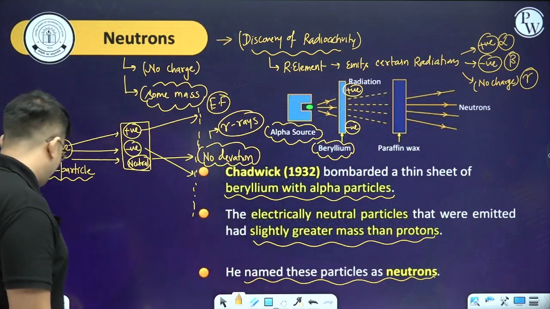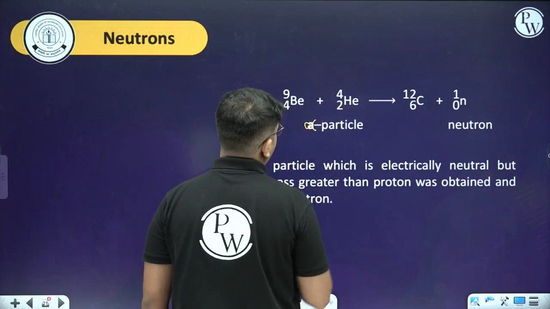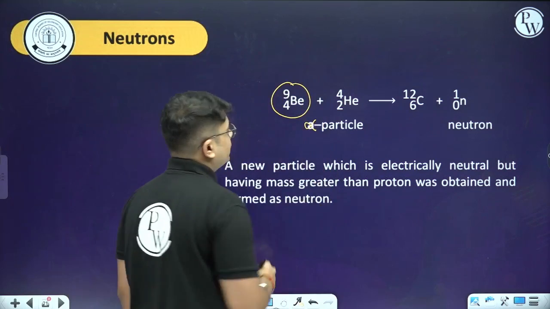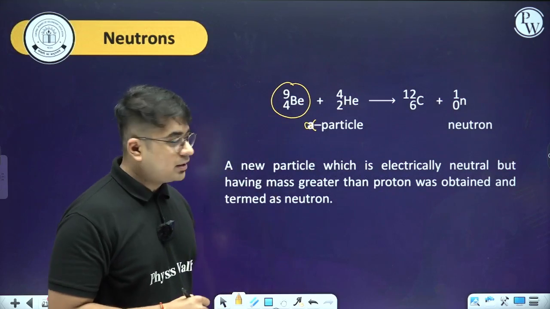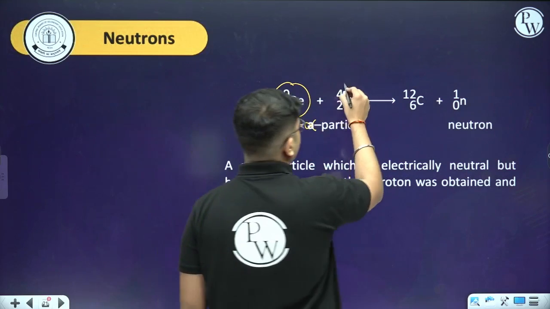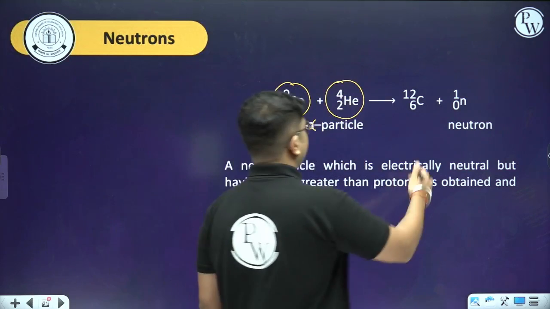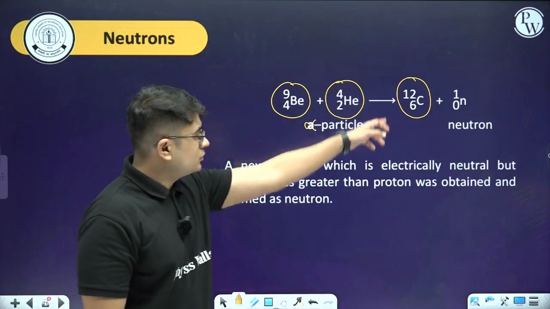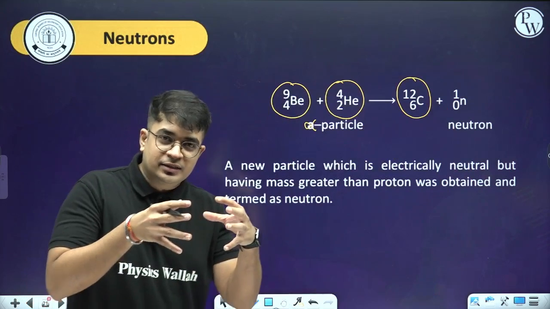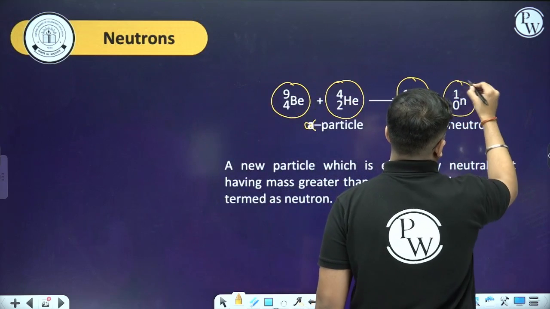Okay, so after the entire part, you can see the reaction also. So these are alpha particles. We have a beryllium thin sheet. So 4 is the atomic number, 9 is the mass number, and when it is bombarded with the helium nucleus, which is your alpha particles, you can see they are going to convert into another type of nucleus, which is of carbon, because a combination is going to take place, and you can see one neutral particle is going to emerge.